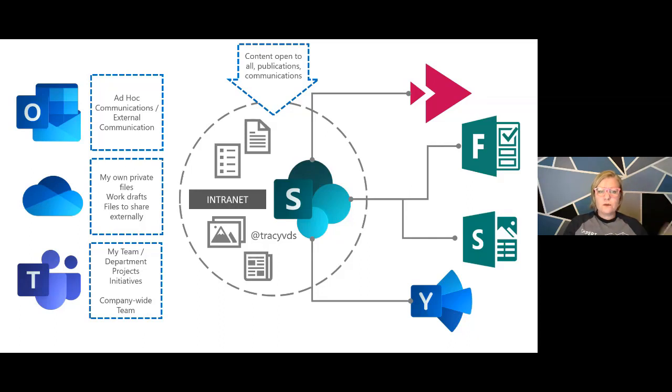And then of course in Teams you get org-wide teams as well, which we'll discuss. And then SharePoint, of course, sits behind Microsoft Teams, but you can also have standalone SharePoint sites as communication sites, as intranets, communication portals, a beautiful tool for that. Then, here on the sideline, I've also added Stream, Forms, Sway, and Yammer as my other content methods, and they are also storage locations.